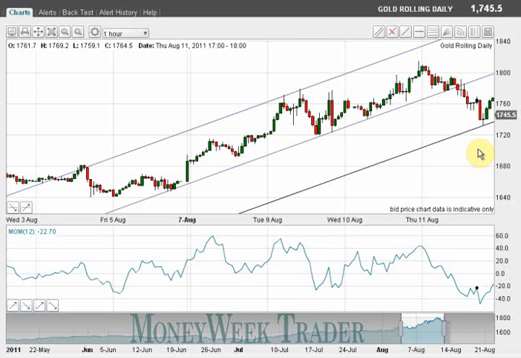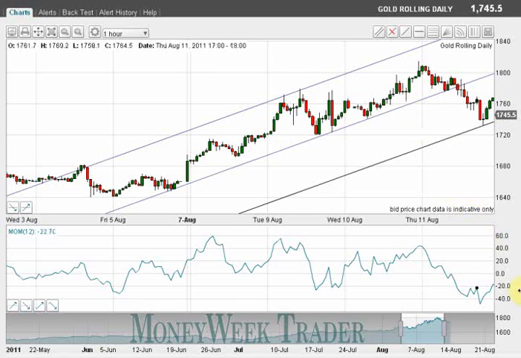So what I do always when I have a pair of tram lines which I trust, which I did in this case, of course, is draw my third tram line so that if this central tram line broke, then I could project my first target. That is very, very important information. And if you only take one thing away from any of my work at all, I would recommend you pick that piece up.